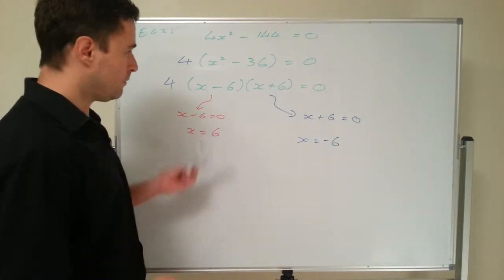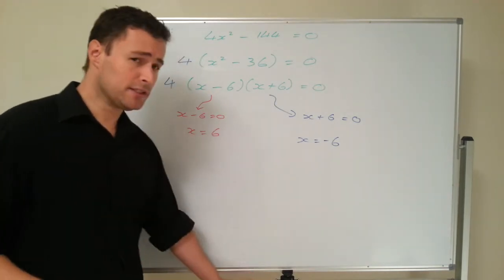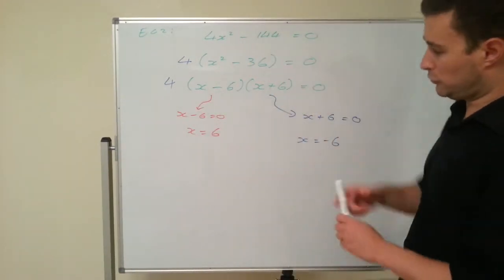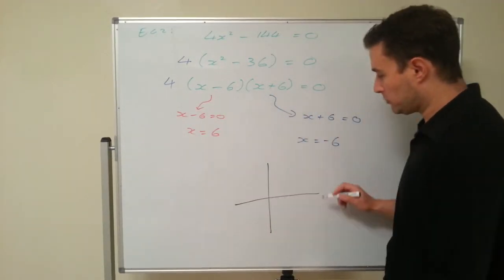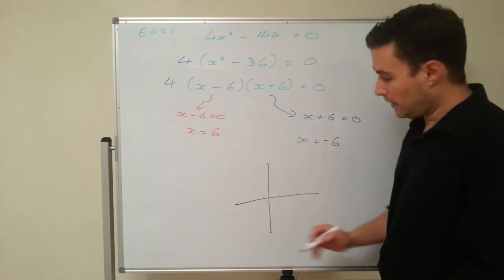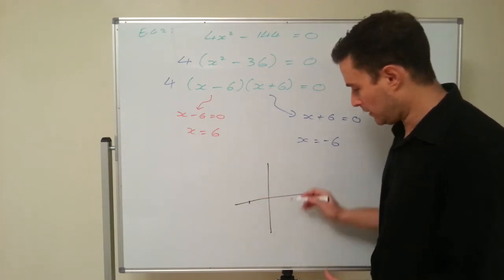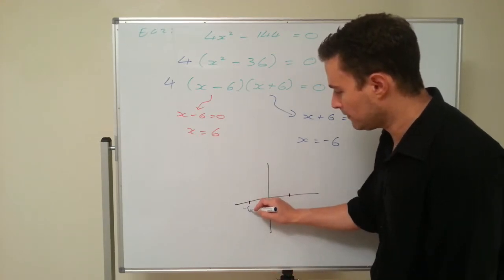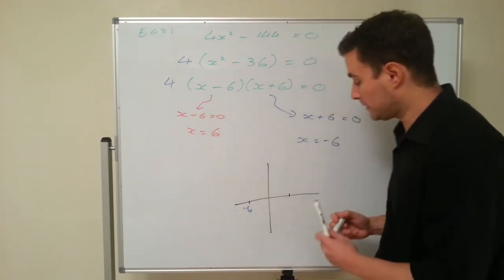Now, the cool thing about these, and this is a little bit extra, not on the notes: with a difference of two squares, the roots are symmetrical, 6 and minus 6. So this is the minus 6 here, and this is the plus 6.